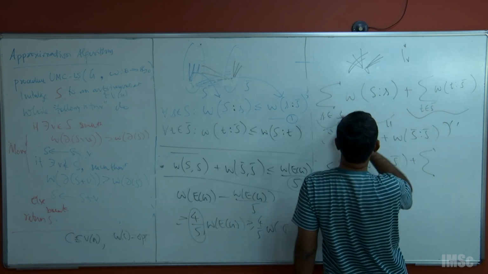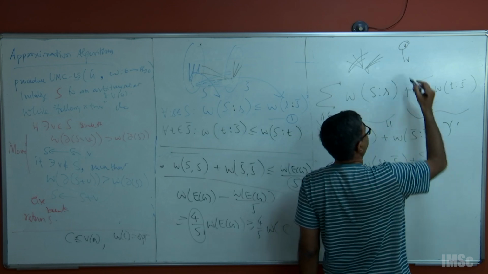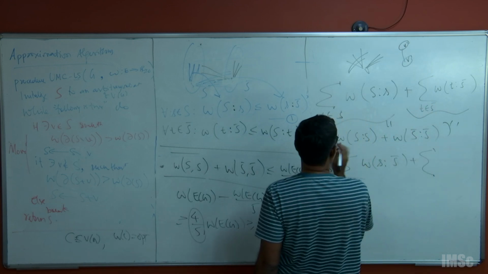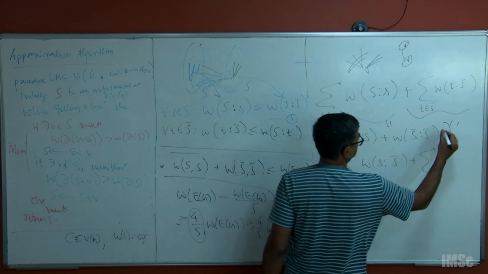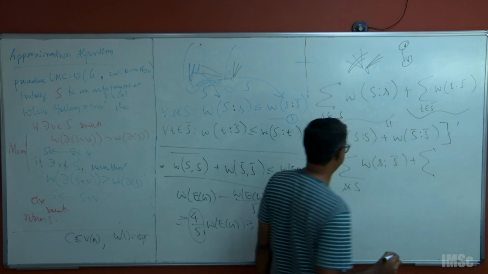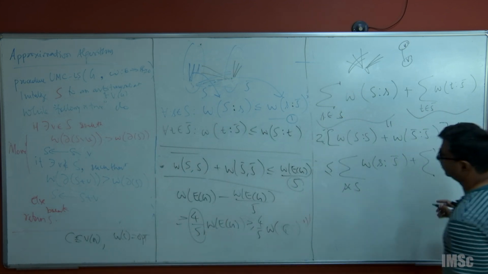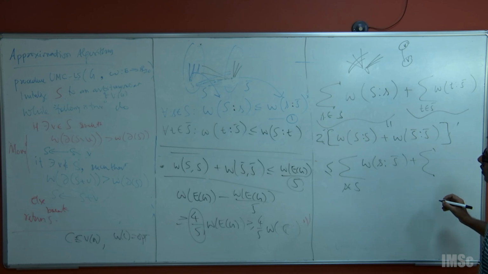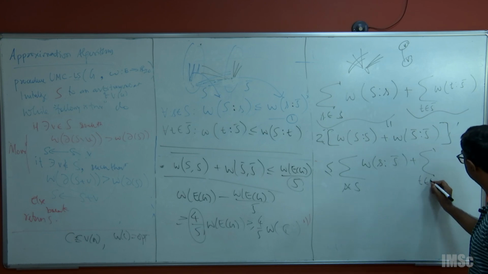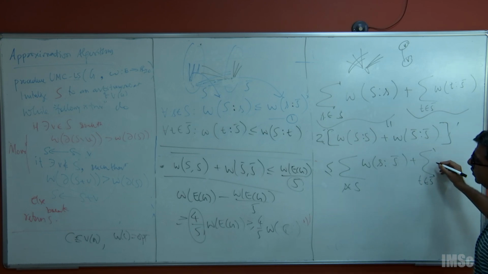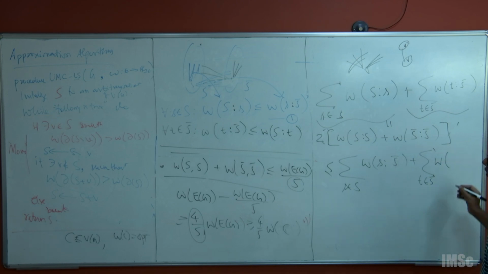You are also counting this from U's perspective as well, so this should be 2 times this. He's right. Okay. But the left hand side is this, and then for t in S bar, what is the other thing we wrote? The weight of S to T.